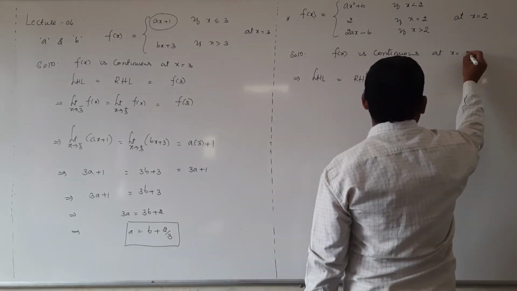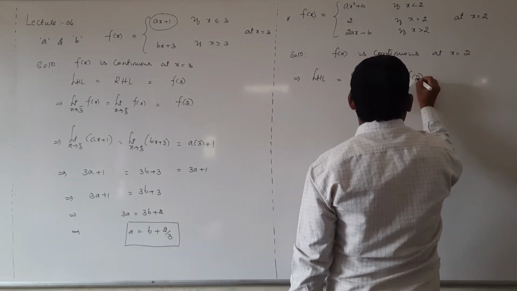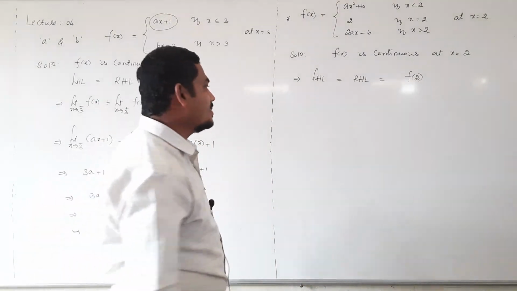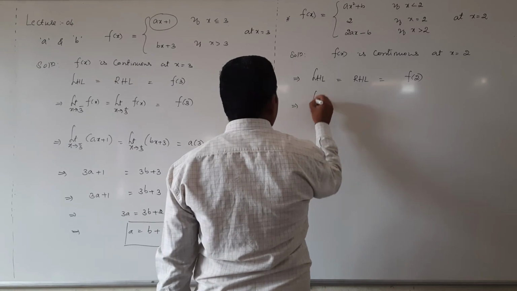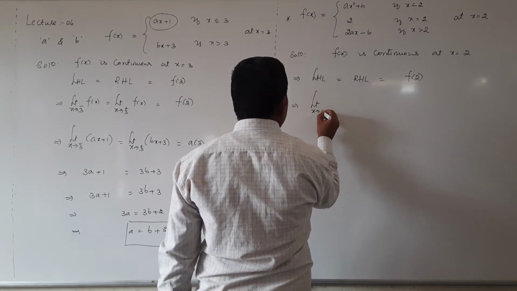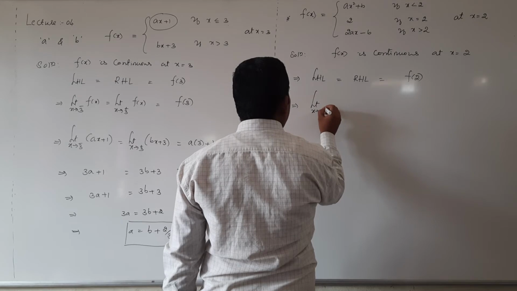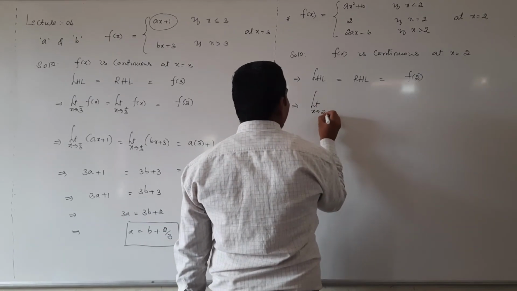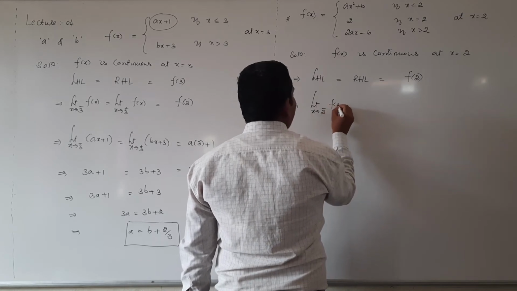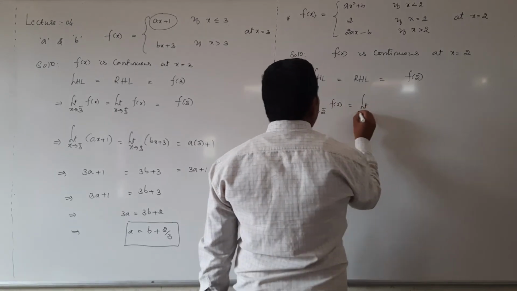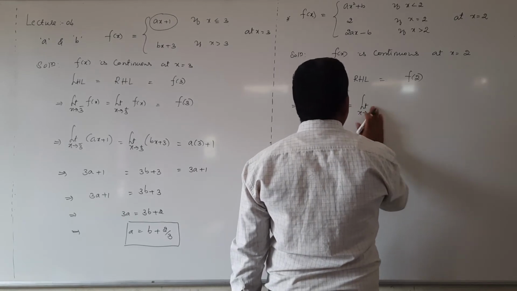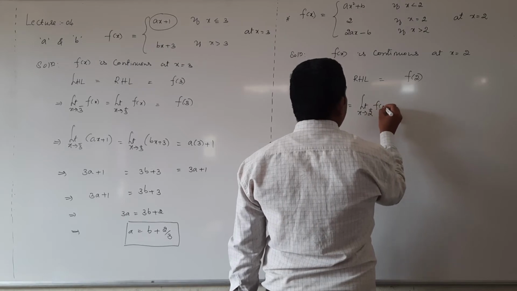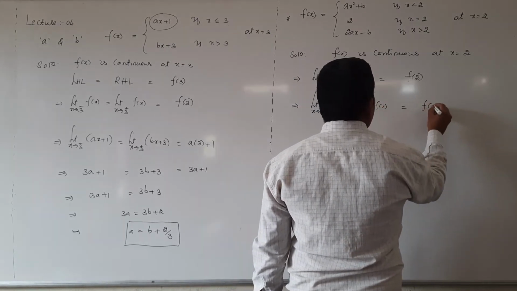Not 3, not 2 they have given. Right? Now same procedure only, replace left hand limit, right hand limit and functional values. Limit extending to 2 minus f of x, that's equal to limit extending to 2 plus f of x, that's equal to f of 2.